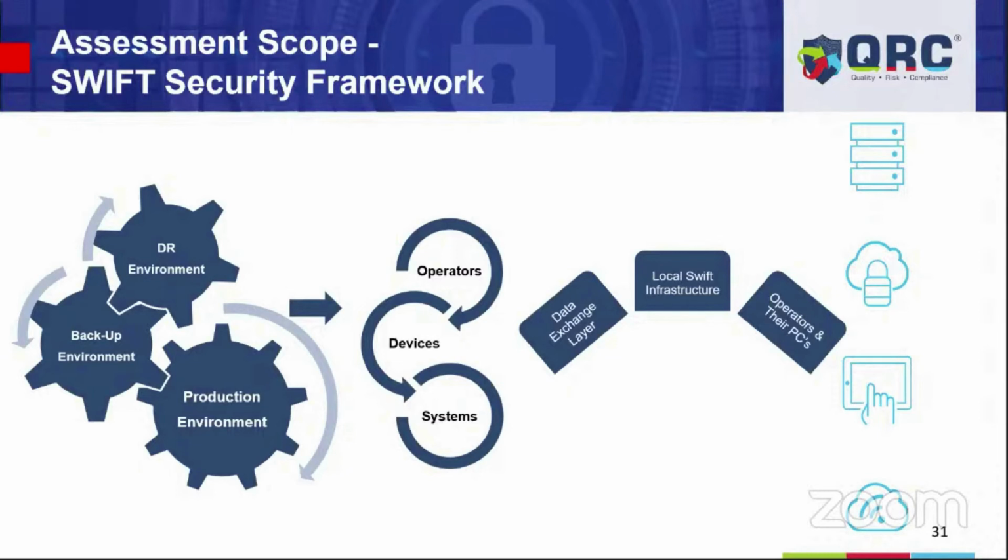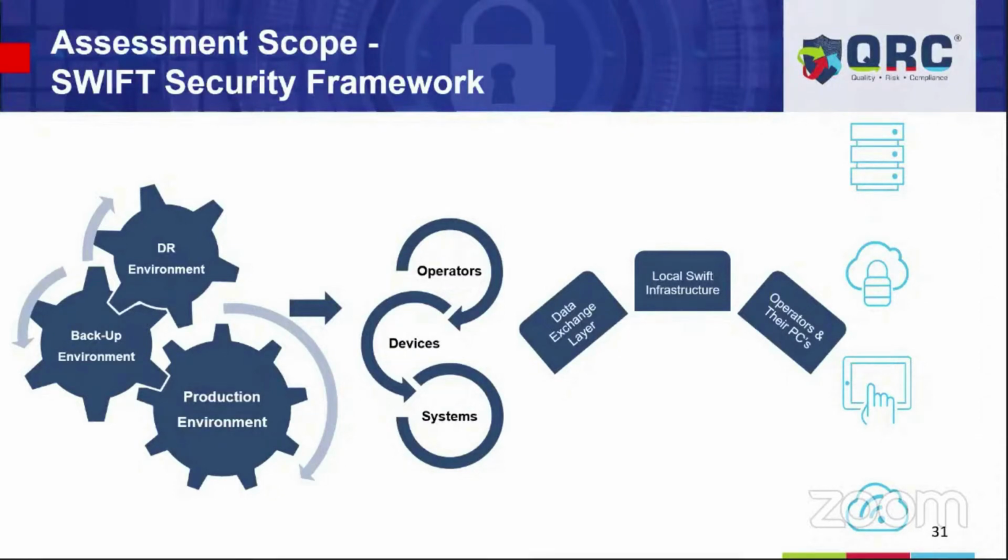When we are talking about the environment, it consists of three things, as I already mentioned: people, process, technology. The people are the operators, or anybody who is involved in this entire operation. The devices are the infrastructure, and we have to consider all kinds of components: applications, databases, connecting devices, interfaces, etc. The systems is basically the process which you generally follow, a documented process, either policies or procedures or standard operating guidelines.